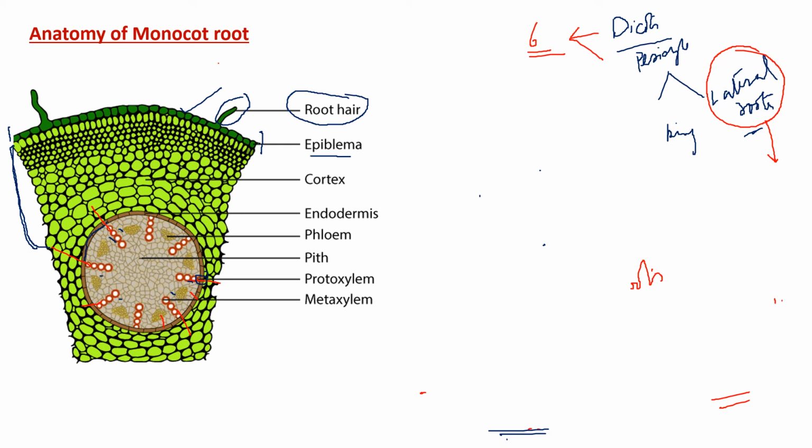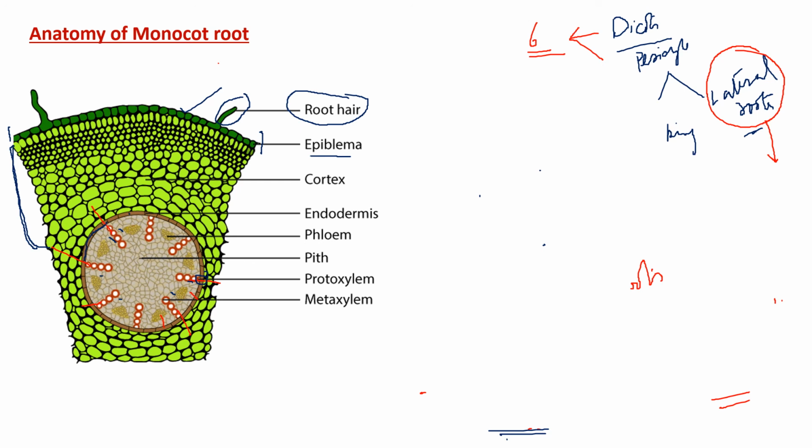Now the innermost layer of this cortex is the endodermis, which contains barrel-shaped cells having suberin depositions, known as the Casparian strip. Some of the cells lack this Casparian strip, which are known as passage cells.